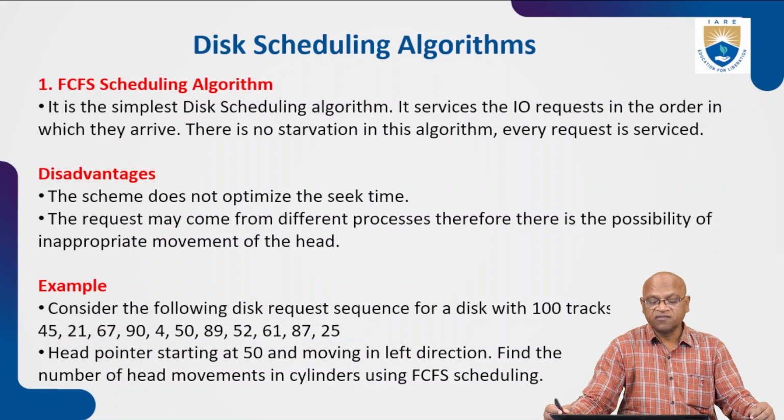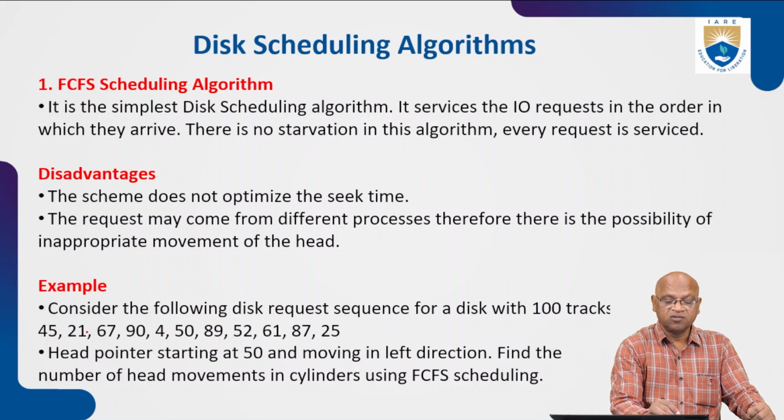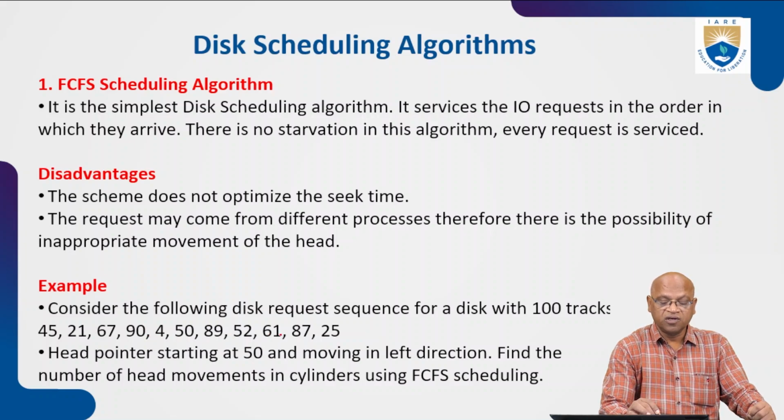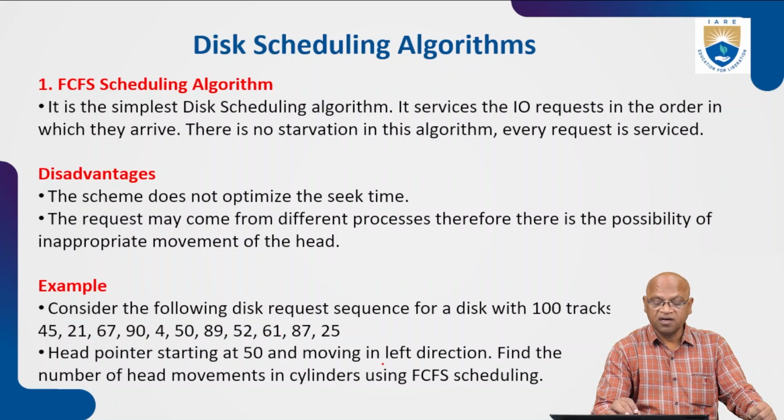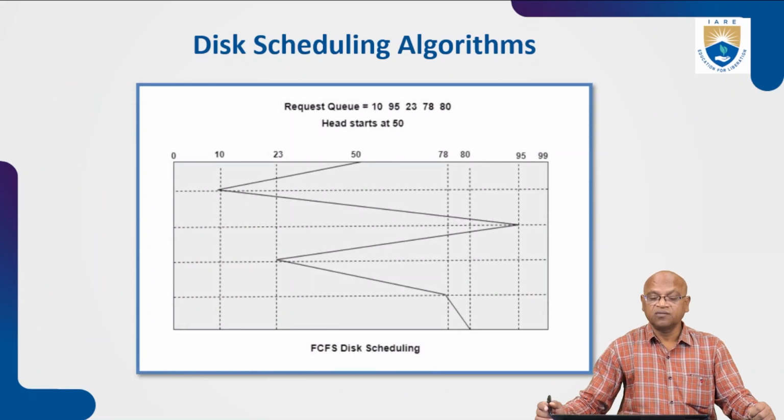Consider the following disk request sequence of a disk with 100 tracks. Just imagine like this: 45 is one request, 21 is one, 67. The head pointer starts at 50. If you look at this diagram, initially the head is at 50.